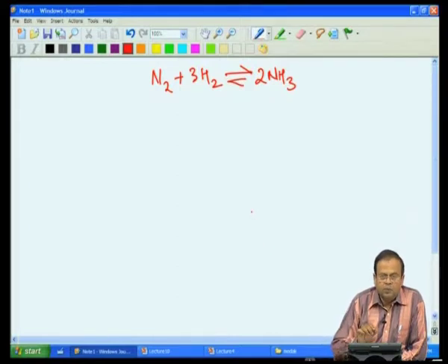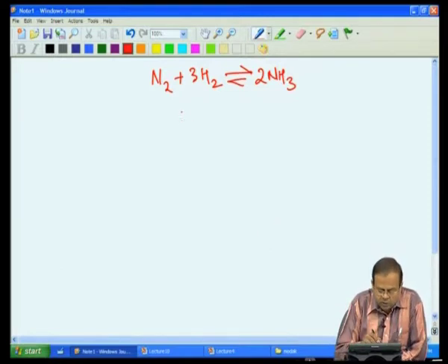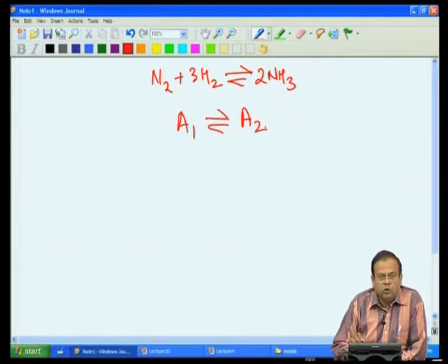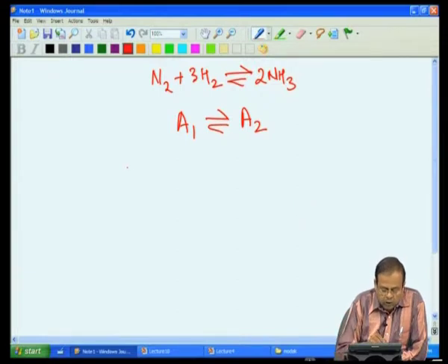So, to look at the behavior of such a reacting system, let us go back, and we have already discussed this, but I will repeat it. Let us say that we have an exothermic reaction A1 going to A2. So, rate of this reaction, for example, let us write this as forward rate constant and this as backward rate constant.